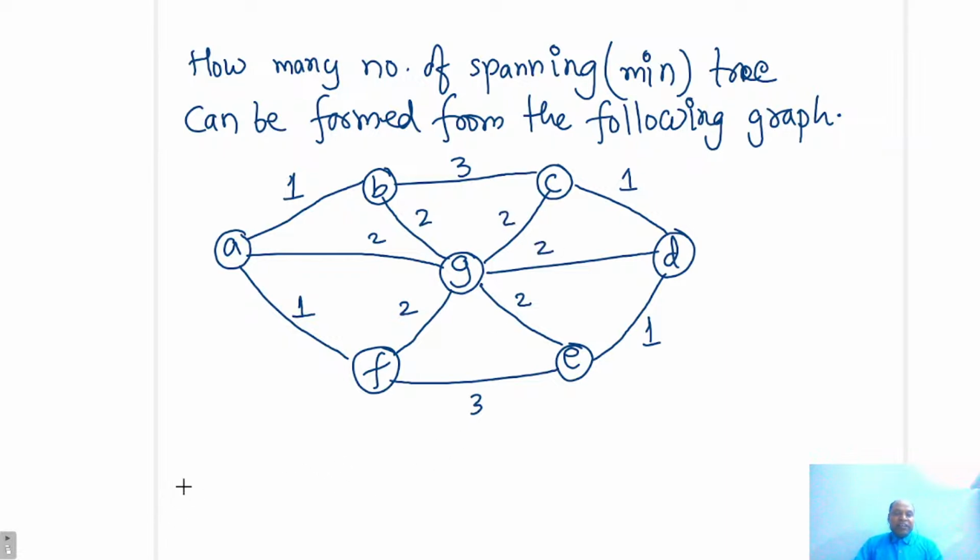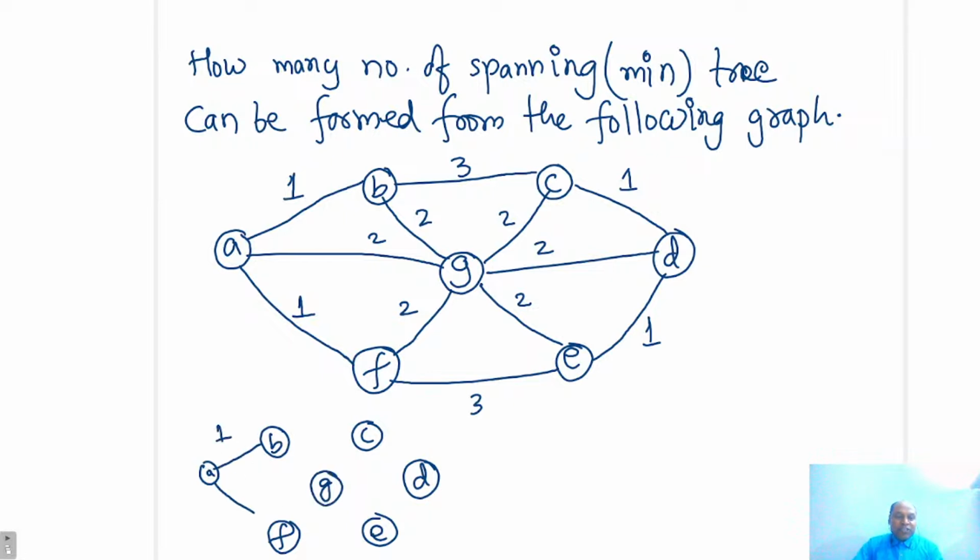Now we need to identify how many minimum spanning trees can be formed. So the weight of the minimum spanning tree here, with A, B, C, D, E, F and G: what is the minimum weight spanning tree? 1, 1, 1 and 1.